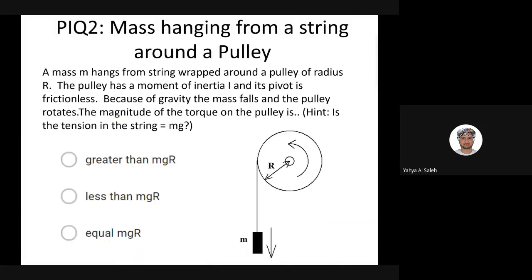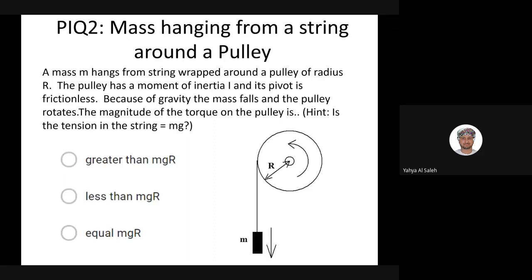A mass m hangs from a string wrapped around a pulley of radius r. The pulley has a moment of inertia I and its pivot is frictionless. So we don't need to deal with friction left and right. Because of gravity, the mass falls and the pulley rotates. What is the magnitude of the torque on the pulley?